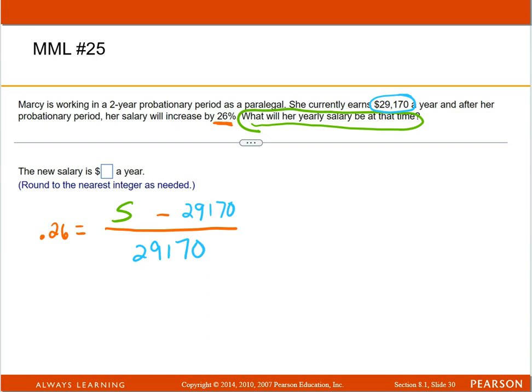29,170. So to solve this, we did a problem like this earlier. I will multiply both sides by, how about I use purple on this? There we go. I want to clear out this fraction. So multiply by the denominator of 29,170.